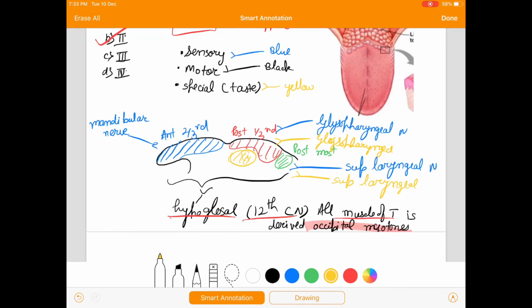But listen to it carefully. The anterior 2/3 receives its special sense nerve supply from chorda tympani.